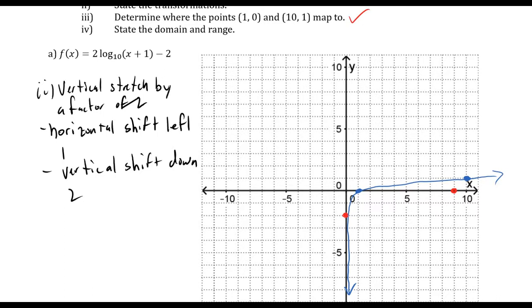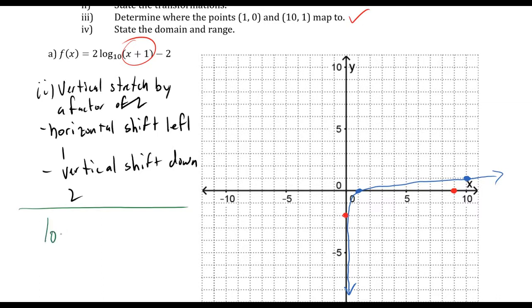And then I want to talk about the asymptote. So the asymptote of the parent function is x equals 0. It's the y-axis. And so why is that, and why is that impacted by the horizontal shift? So let's just revisit this idea, okay, of logs and rewriting them as exponents.